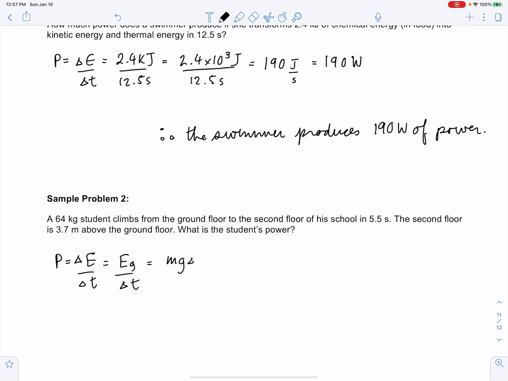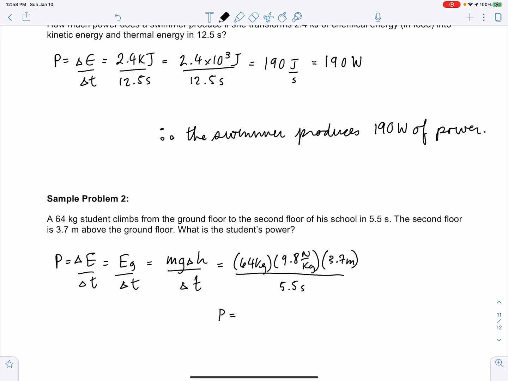And we can find how much gravitational potential energy using the equation mg delta h divided by delta t. And we can find the power generated in running up this flight of stairs, where the mass is 64 kilograms, g is 9.8 newtons per kilogram, the height is 3.7 meters, and all of this in 5.5 seconds.